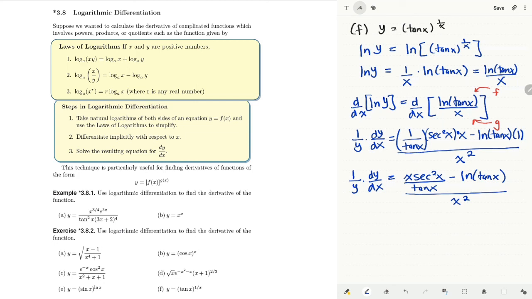So now we'll multiply both sides by y. And then replace y with the original function.